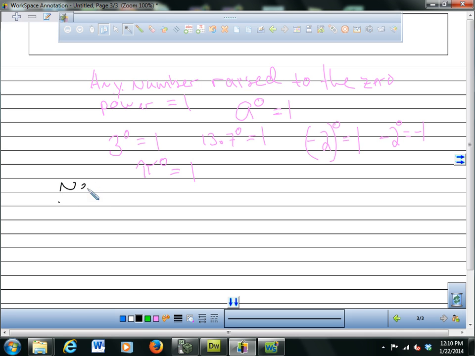Negative exponents: a to the negative n is equal to 1 over a to the positive n. I think that's what you were observing, right, Christina? Yes. Okay, that's what she discovered for us.